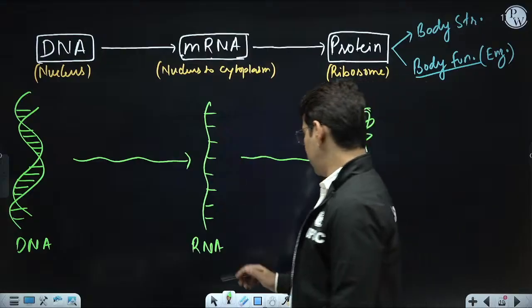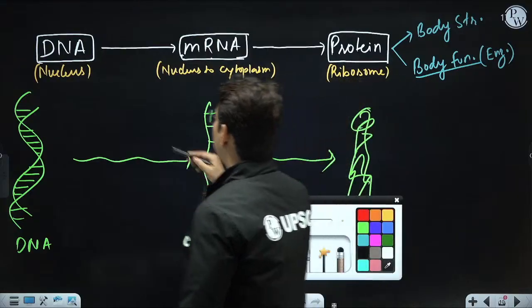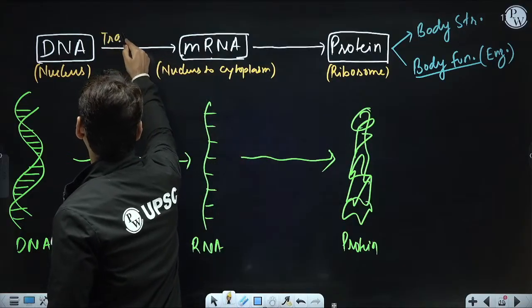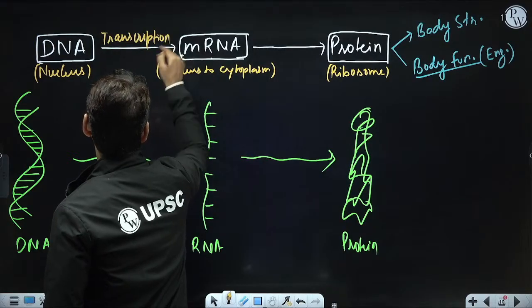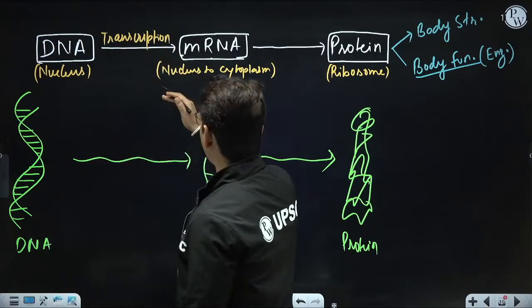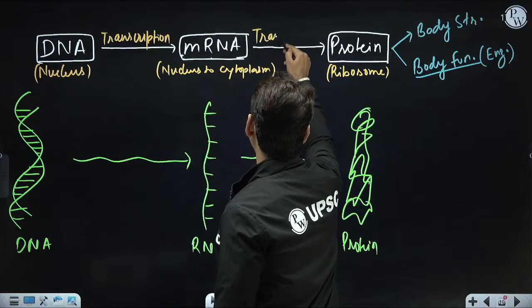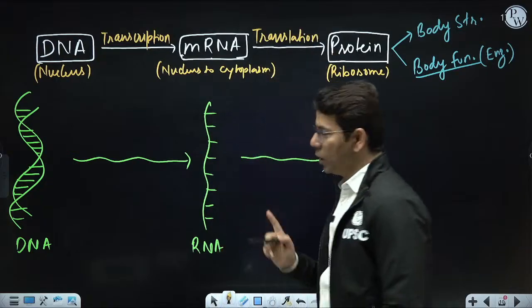Now, one more thing you need to understand. The process by which DNA makes RNA is known as transcription. And the process by which messenger RNA makes protein is called translation. So these two words should be there.